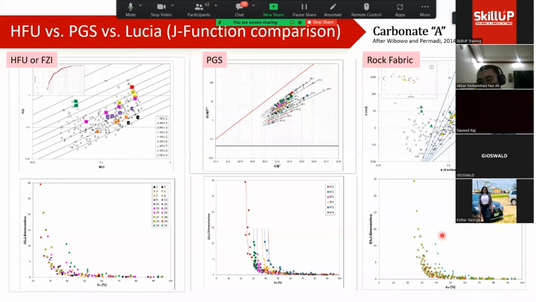Meanwhile, for the rock fabric as well, we can see a lot of overlapping happen, especially for rocks having microfractures. They cannot be well characterized. This makes the prediction, either for the permeability or for the saturation model, overestimated or underestimated.